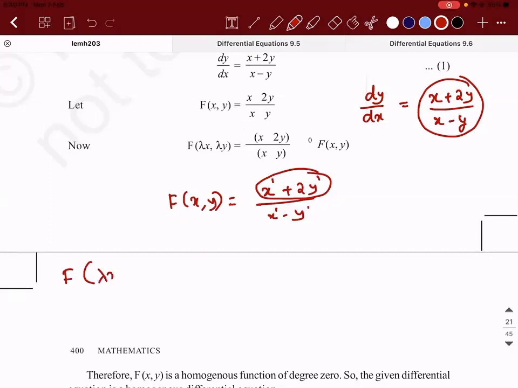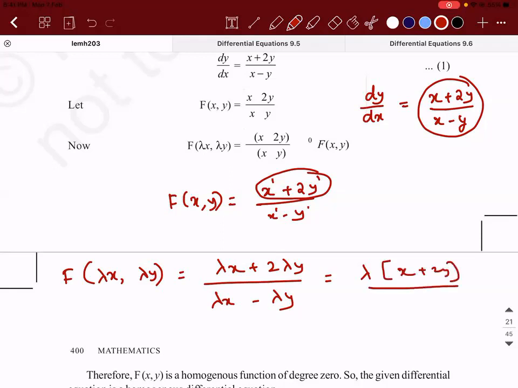So f of lambda x comma lambda y, if I take it, then I need to substitute lambda x plus 2 times lambda y divided by lambda x minus lambda y. So when I take lambda outside, lambda of (x plus 2y) divided by lambda of (x minus y). But what is (x plus 2y) divided by (x minus y)?